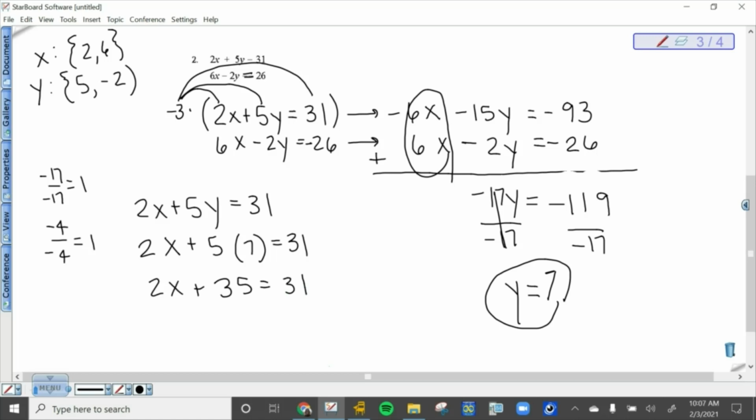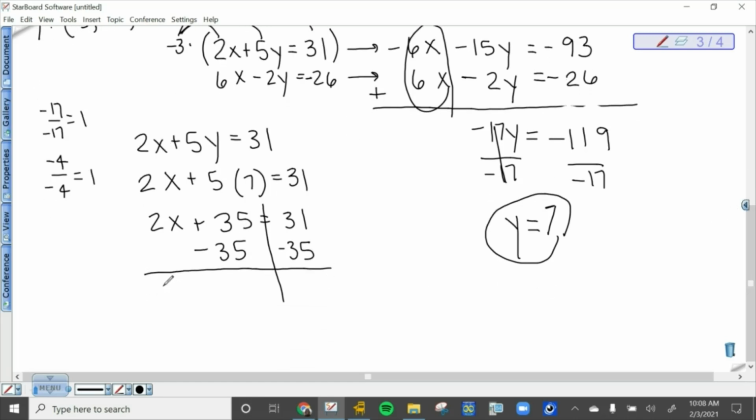Equals 31. Now what do I need to do to get x by itself? Subtract what? Not divide, not yet. Subtract 35 from both sides. So 2x, 35 minus 35 is 0. 31 minus 35?